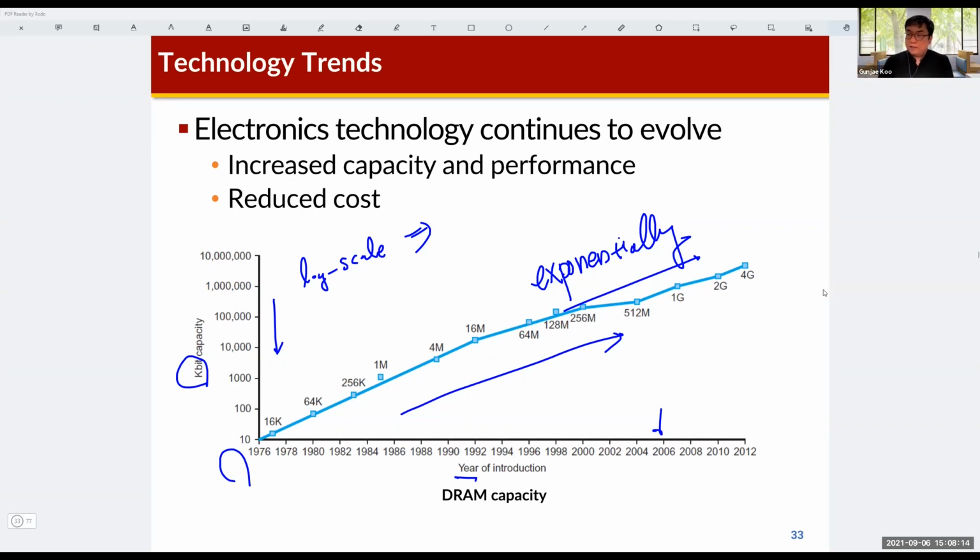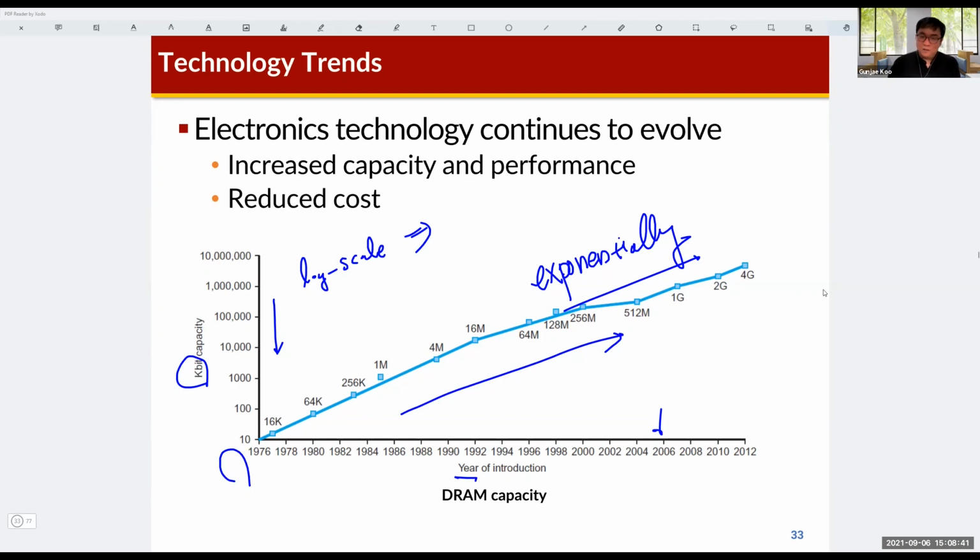So that is the trend of the advances in VLSI technology. And then based on this advance in VLSI technology, the performance of the computer system also increases exponentially. Also, the cost of the computer systems has reduced.